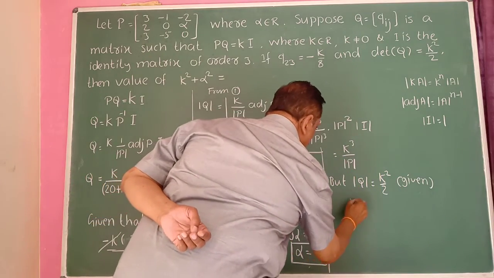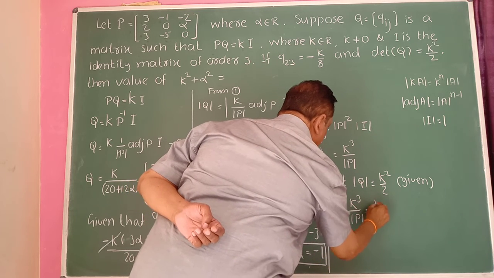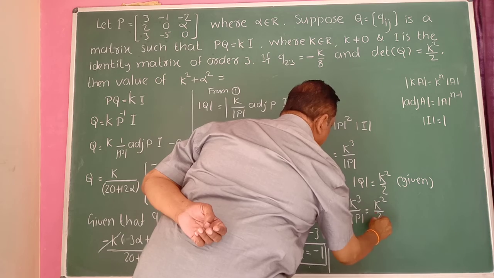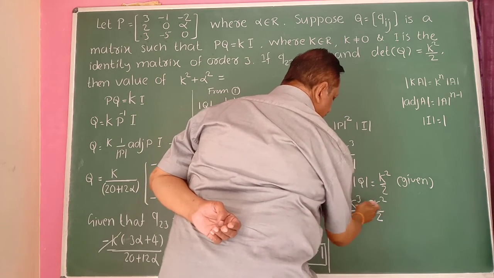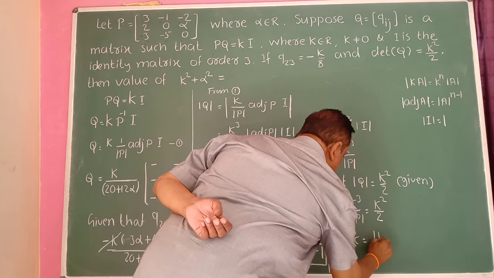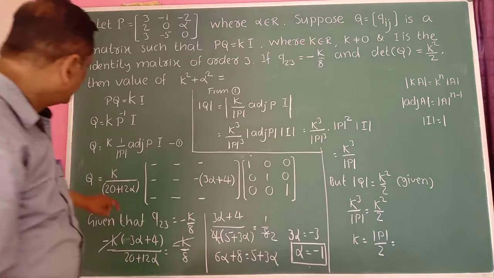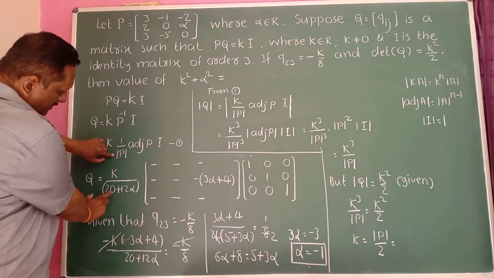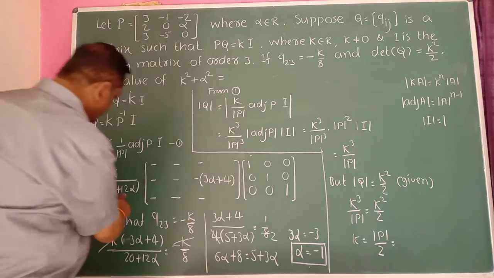So k cube divided by determinant of p is equal to k square divided by 2. Then take determinant of p that side here, k square cancels, so k is equal to determinant of p divided by 2. And you know that determinant of p is this here, 20 plus 12 alpha, but alpha value is minus 1, so use here.